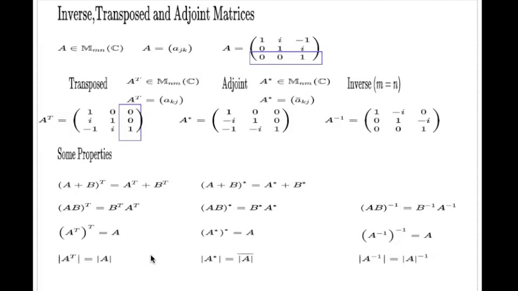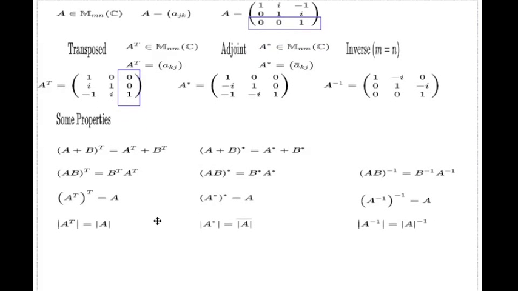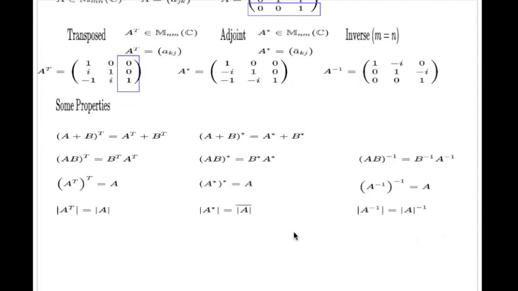Right. Do I have more properties? I have another 2 properties here. I'll practice on those and I'll let you go. It's a connection like this, which says if you invert a transposed matrix, this is the same as if you transpose the inverse of that matrix. If you invert the adjoint matrix, this is the same as if you take the adjoint of the inverse matrix.